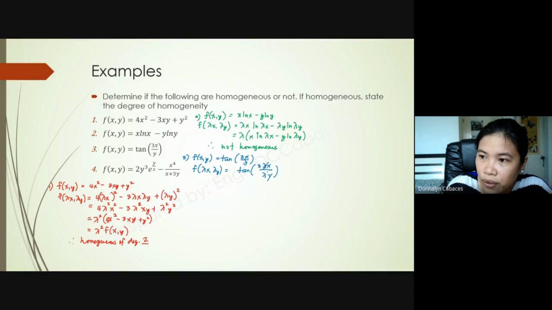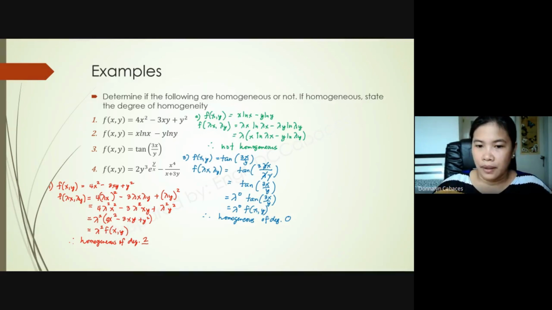So lambda over lambda. And therefore, this is equal to tangent of 3x over y, which is actually equal to the original function of xy. So this is actually equal to lambda to the 0, tangent of 3x over y. Or this is lambda to the 0 times the given function. Therefore, this is homogeneous of degree 0.